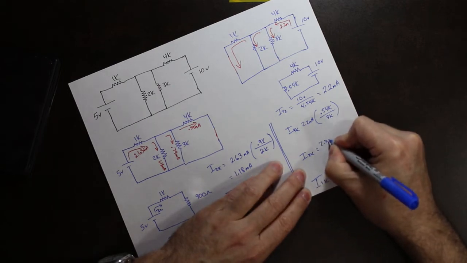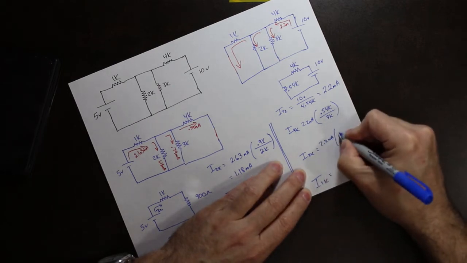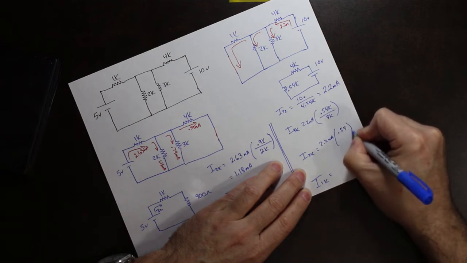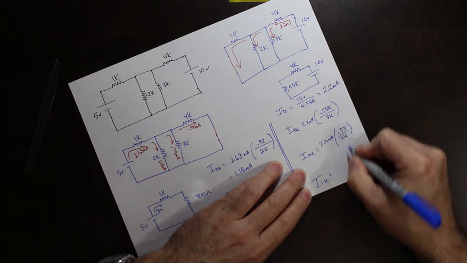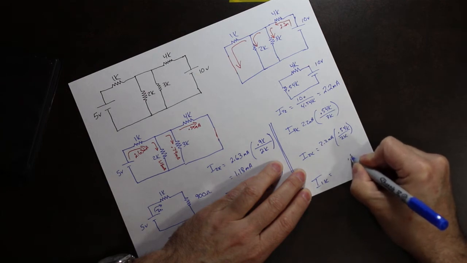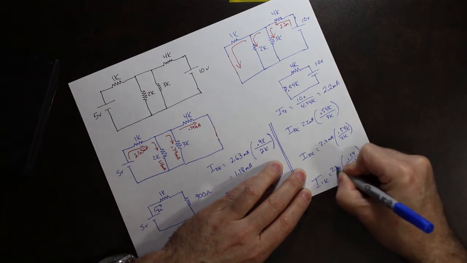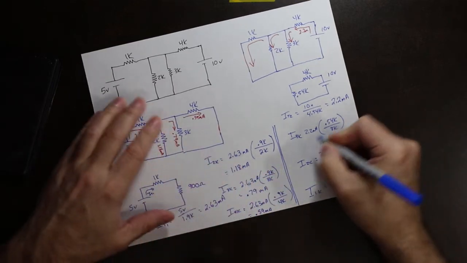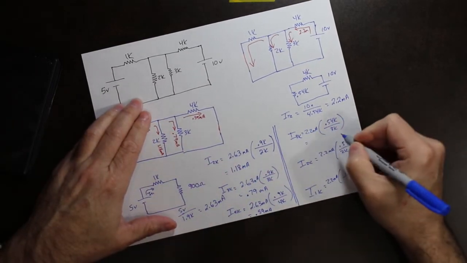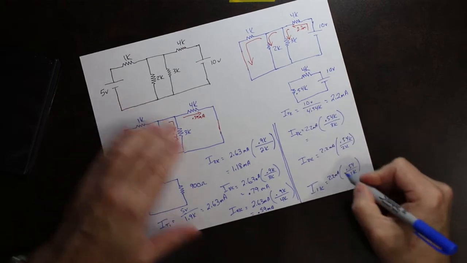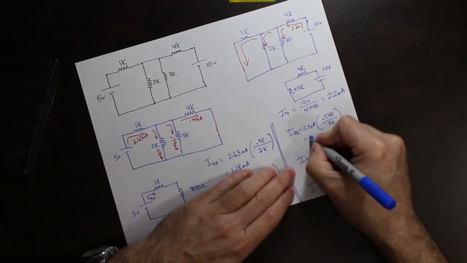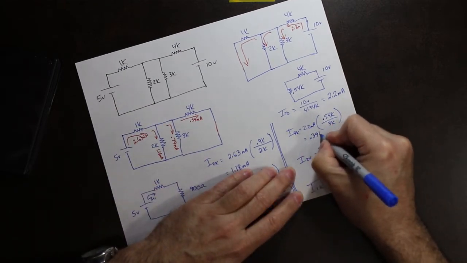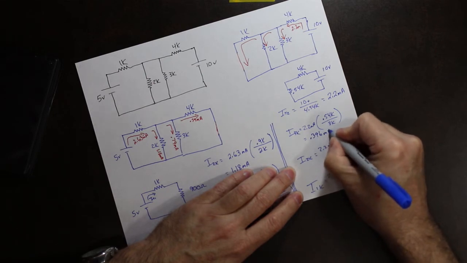So that becomes 2.2 milliamps, 0.54 over 2K, 0.54 over 1K, 2.2 milliamps. And if we do that math, let's see, this one works out to be 0.396 milliamps.